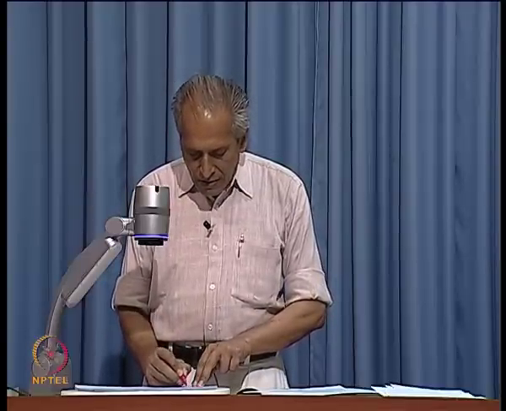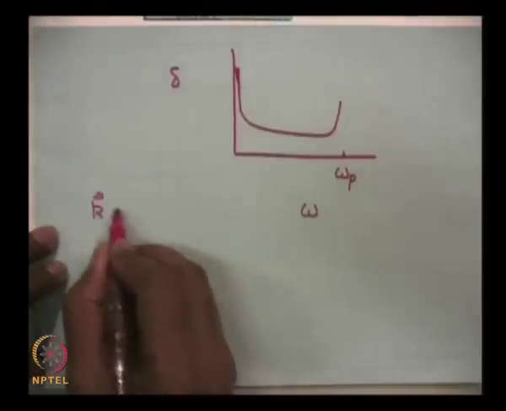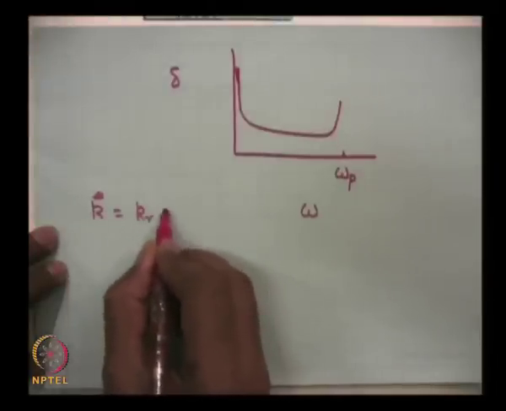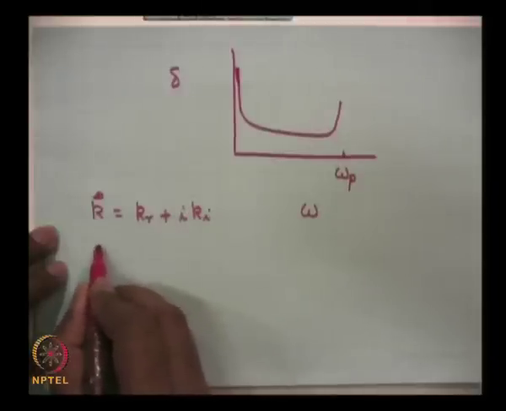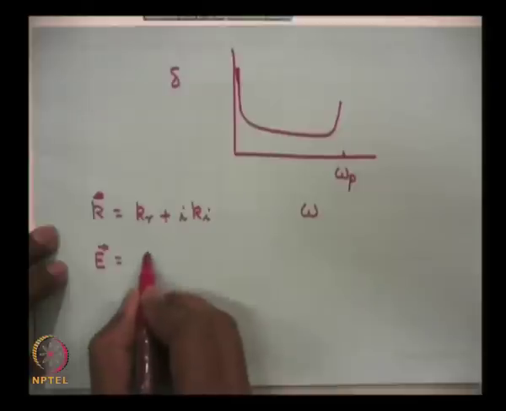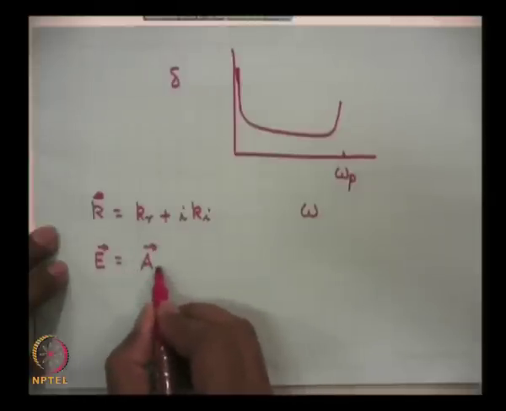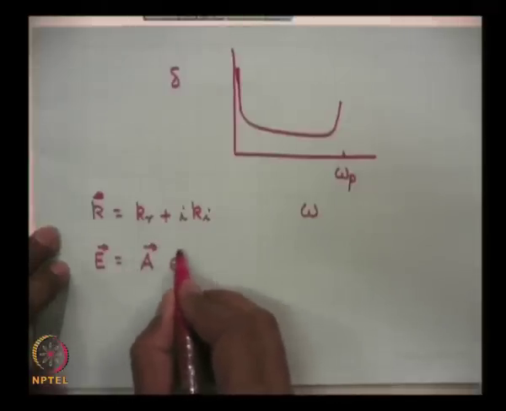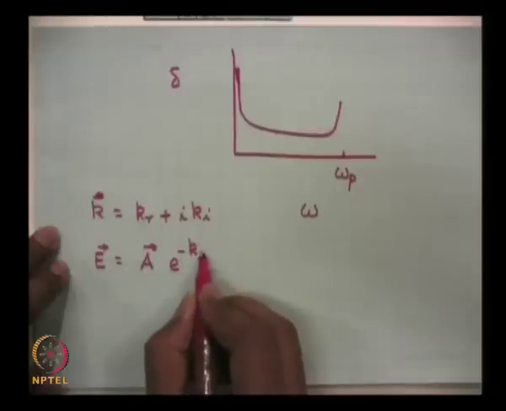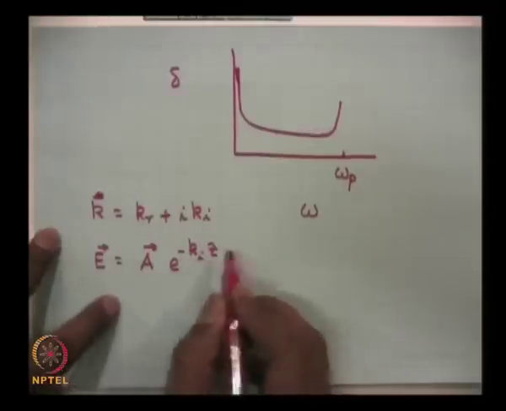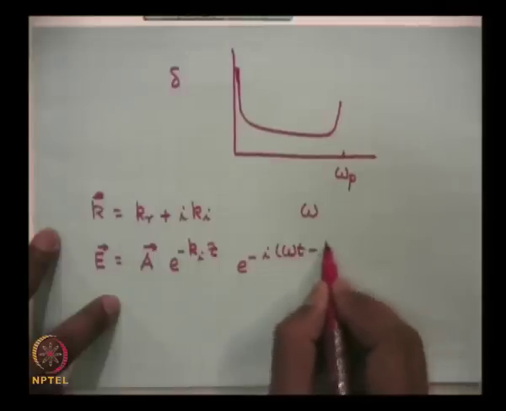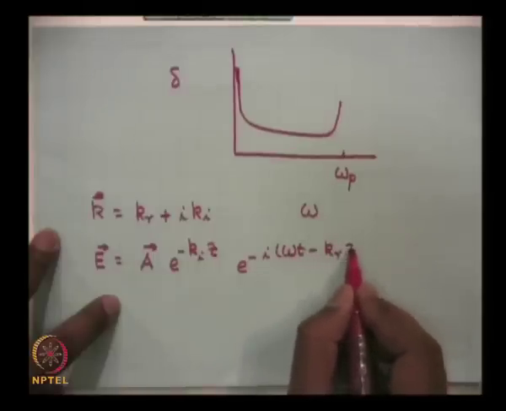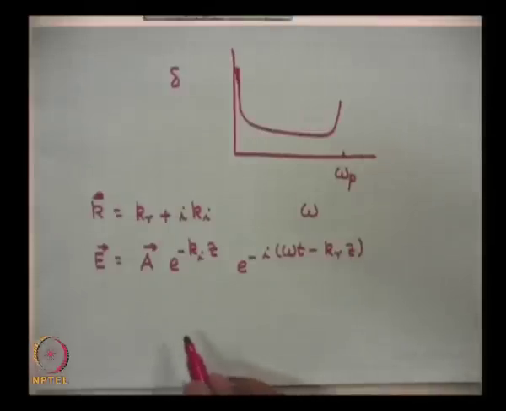Whenever k is complex, k magnitude wise is equal to k real plus I times ki, your electric field can be written as E is equal to A amplitude exponential minus kiz for wave propagation along z axis exponential minus I omega t minus kr into z. This sort of expression you get.